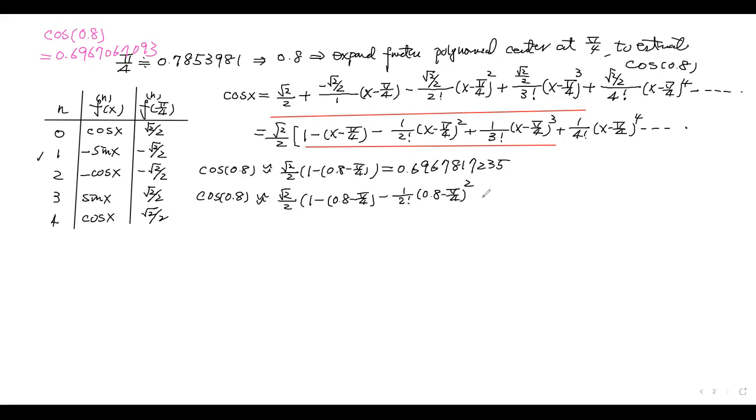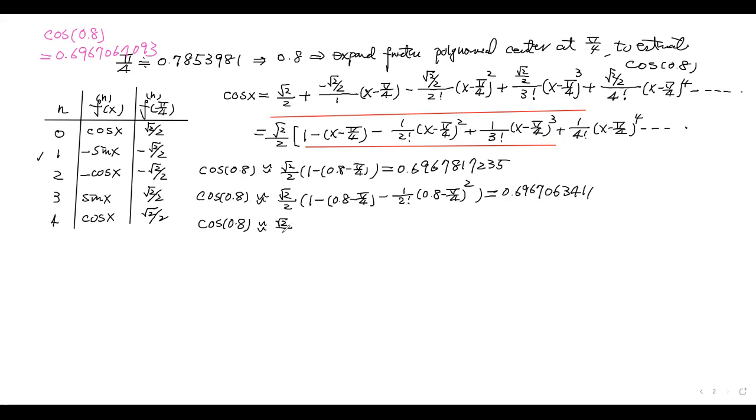So you add one more term here, and these terms will give you 0.696763411. All right, so now I'm using the four terms as the problem wants us to.